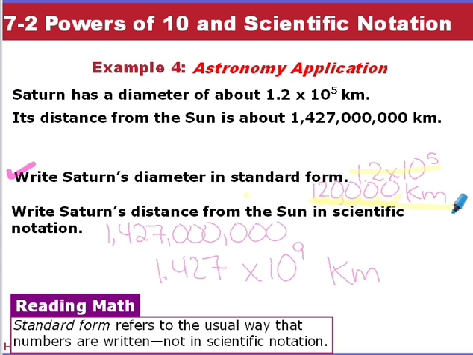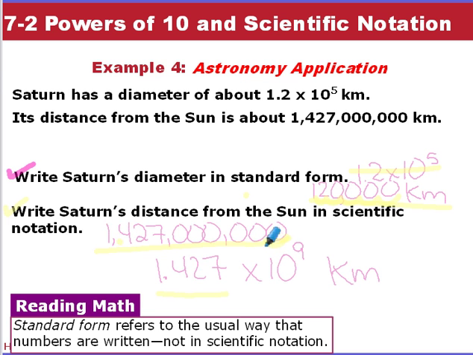For the second example, we want to write Saturn's distance from the sun in scientific notation. The first part of scientific notation has to be a number greater than or equal to 1 but less than 10, and we have to keep all the significant digits. So it's going to be 1.427. The decimal goes here, and we have to move it to where our decimal is here.